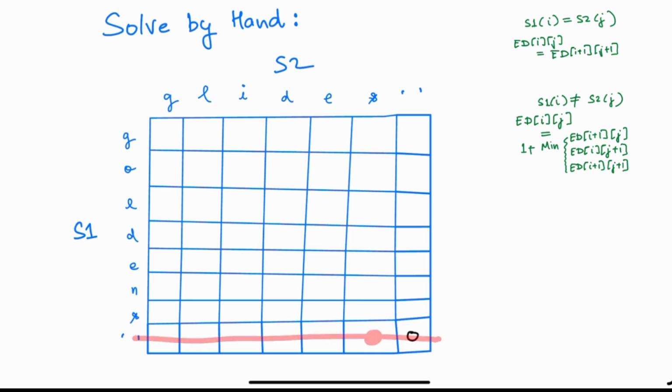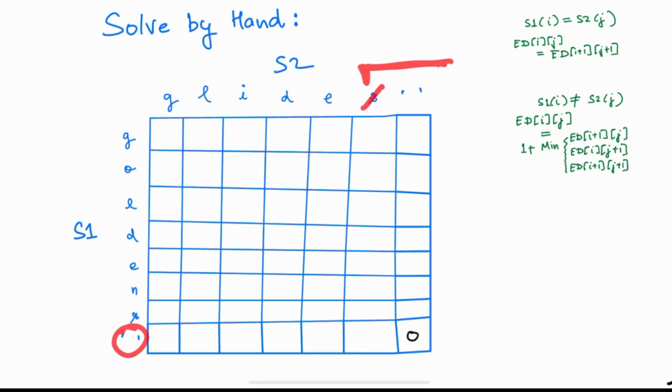If we want to fill this particular entry here, what does it mean? It means the edit distance for this empty string and this substring of S2 that is going from S till the end. In this case, we would have to delete S in order to make these strings equal. So the answer would be 1 here, or one operation.